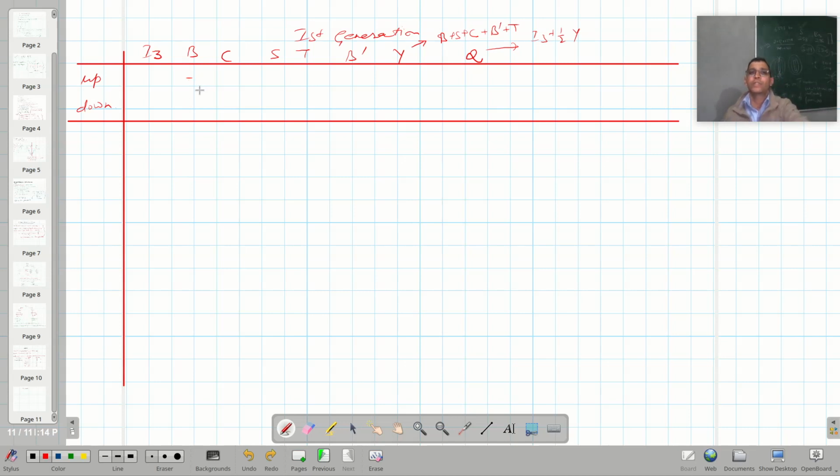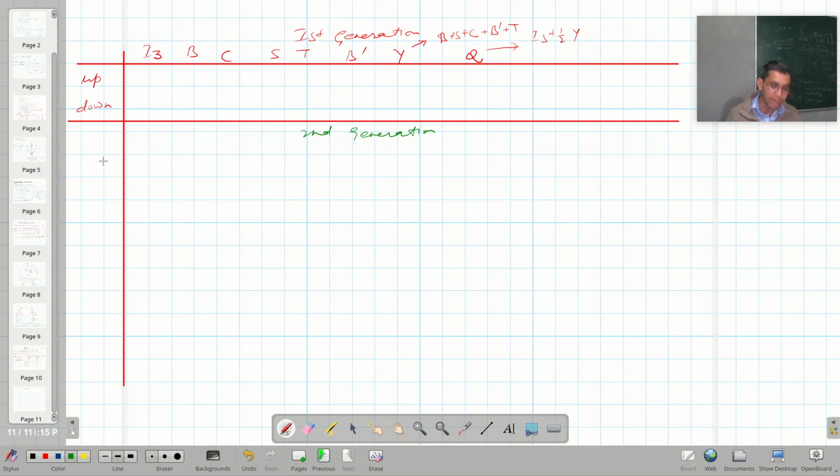Let me talk about the second generation and then put down their quantum numbers. The second generation is the charm and strange.